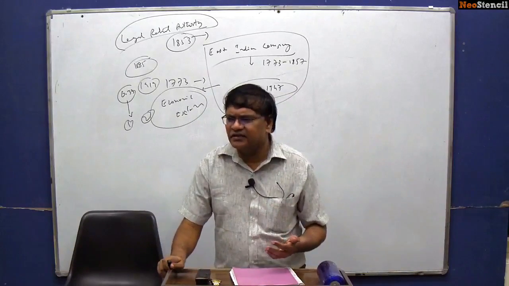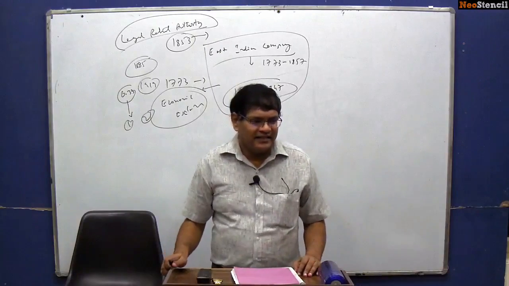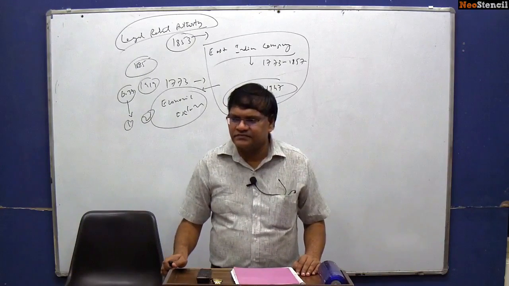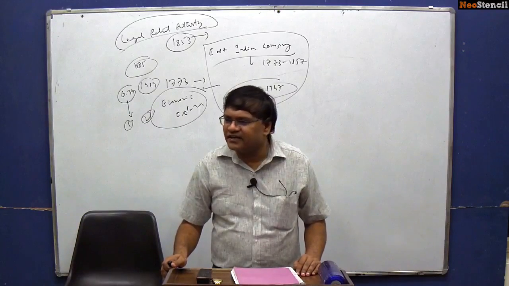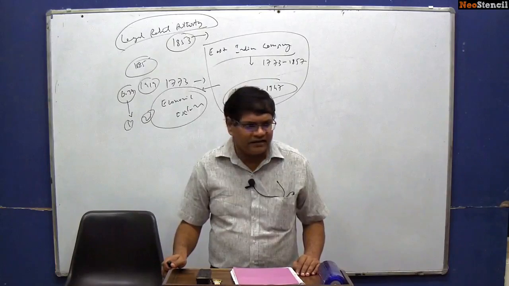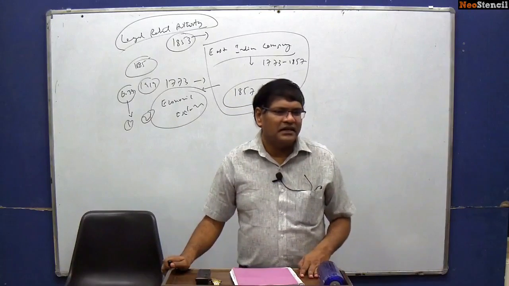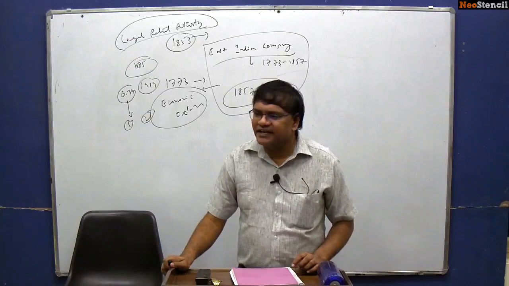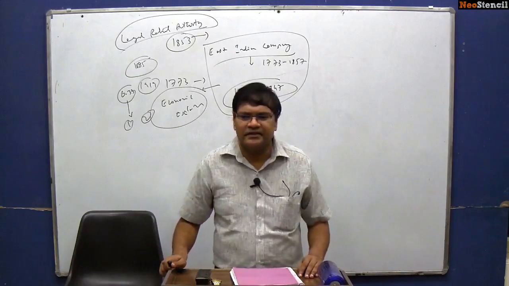What are the basic human rights? Those rights which are necessary for our existence. Basic human rights like right to life, right to equality, right against discrimination and exploitation, right to freedom of speech and expression. These were denied to us by the Britishers.